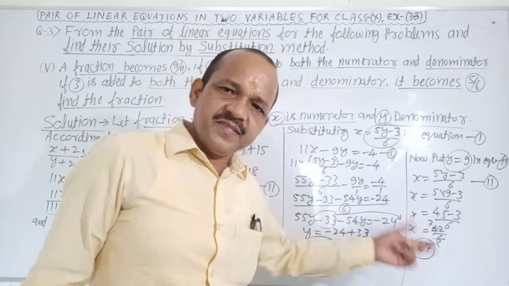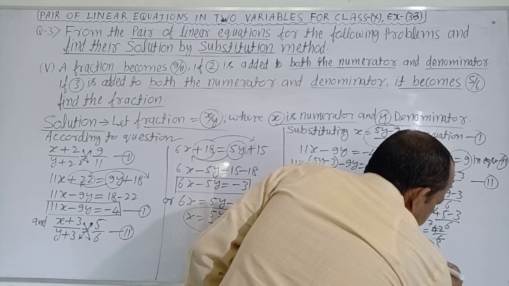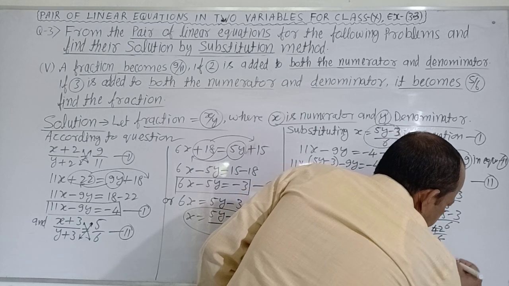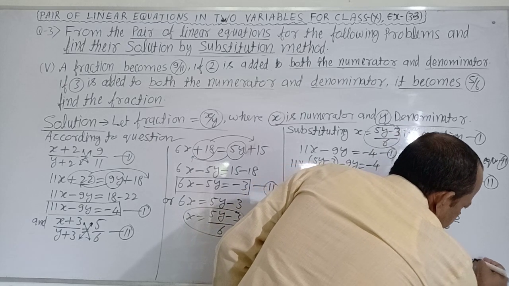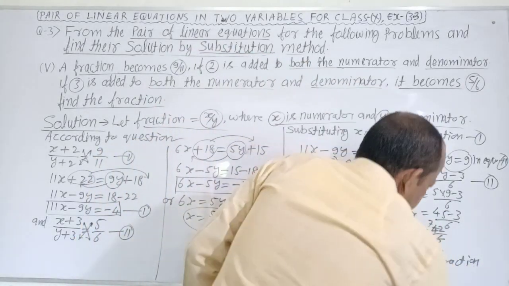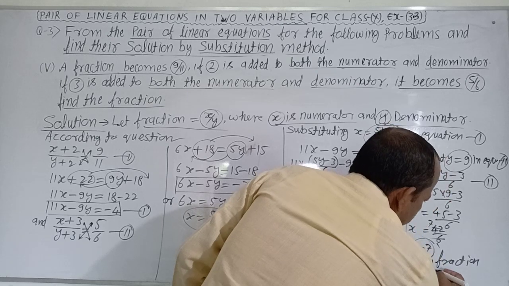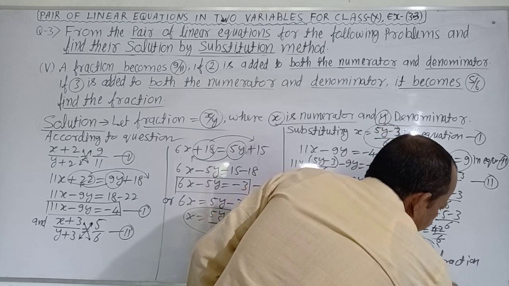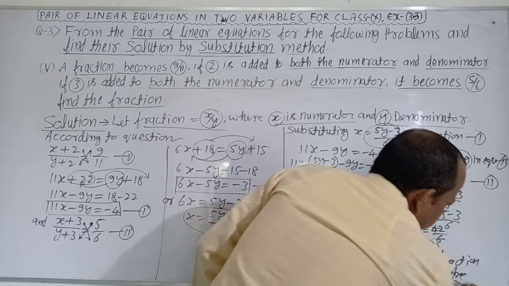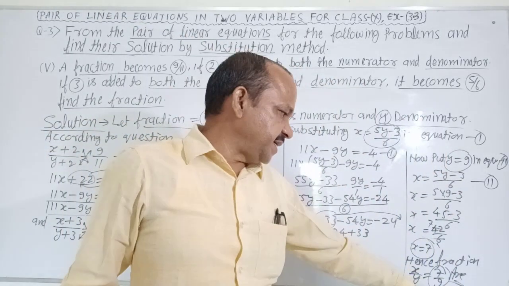Clear? Hence the fraction x by y equal to 7 by 9. Answer. It is your fraction, 7 by 9.